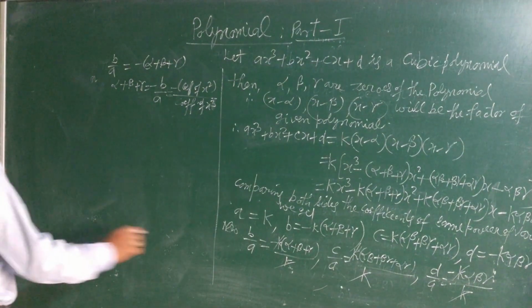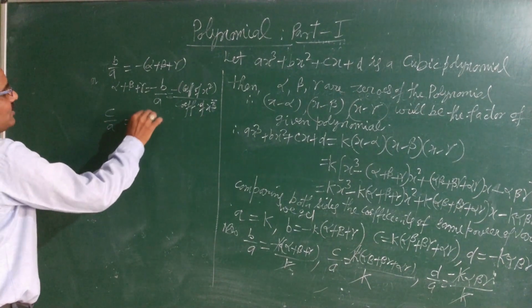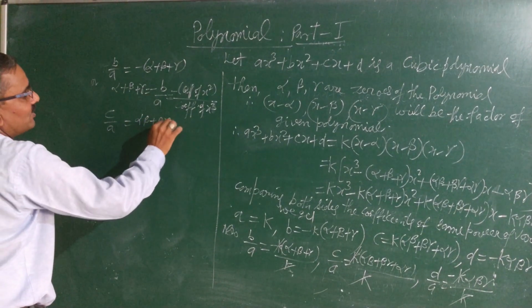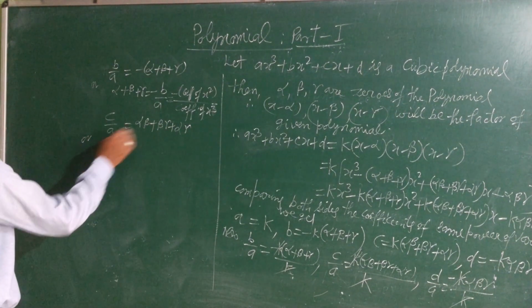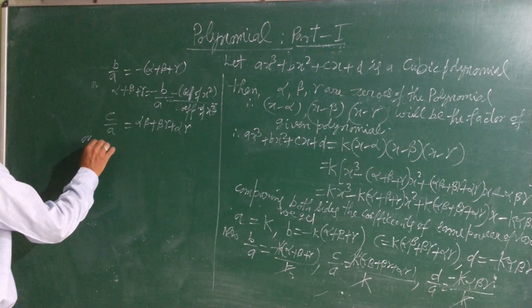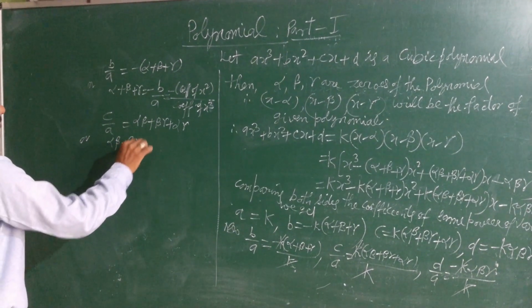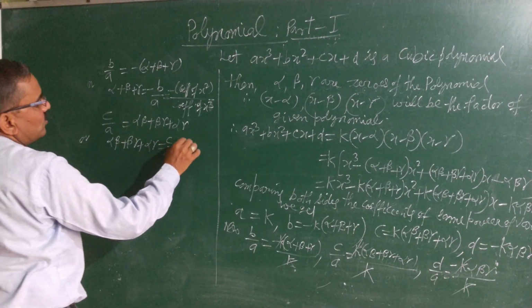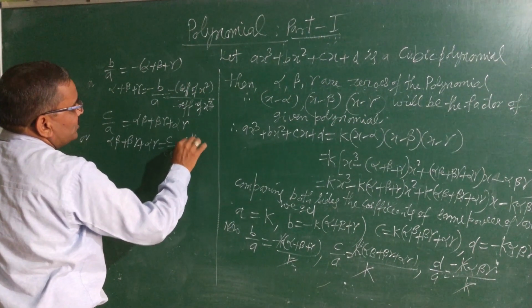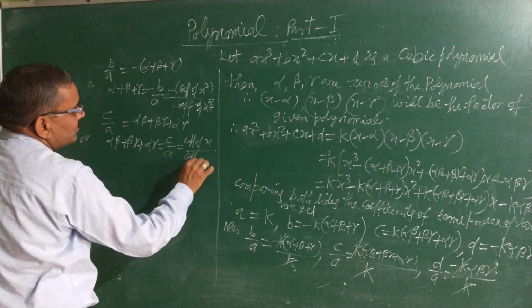Again c upon a is equal to alpha beta plus beta gamma plus alpha gamma, so alpha beta plus beta gamma plus alpha gamma is equal to c upon a. C is the coefficient of x, and a is the coefficient of x cube.